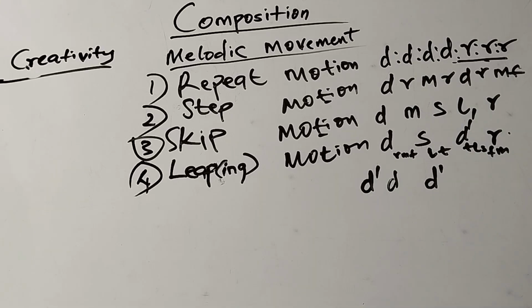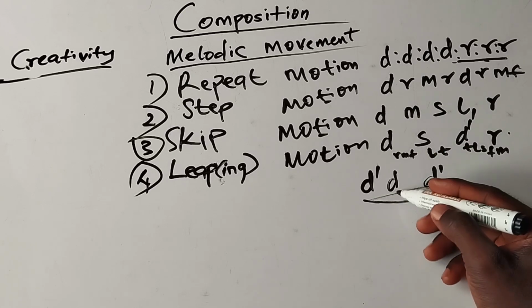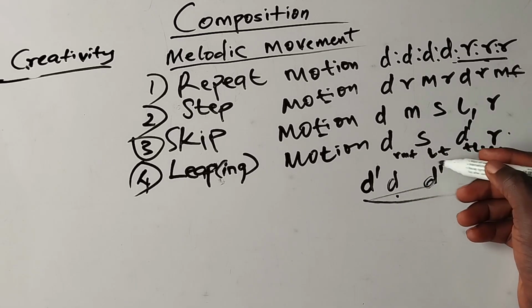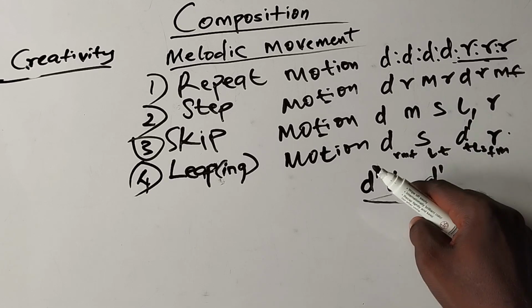So la ti do ti la so. If you see this kind of thing, it is called leaping. When you have do up and you have do down immediately, you have another do up, it is called leaping. Do ti la so fa mi re do re mi fa sol la ti do. So it is called leaping.